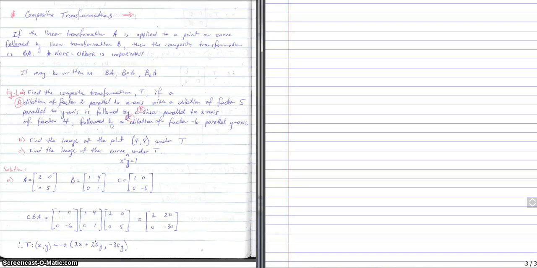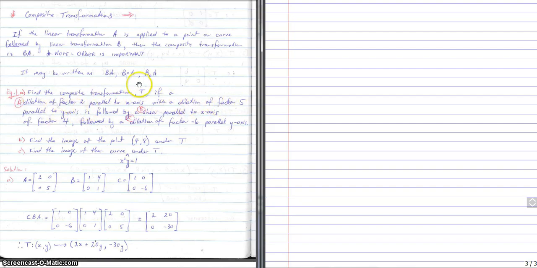Okay, so we're now going to look at some examples using our shear and dilation and combinations of those, and rotations and reflections as well. Okay, so this first example, which you've got in the notes, we've got the composite transformation T, which is the result of, first of all, a dilation of factor 2 parallel to the x-axis with a dilation of factor 5 parallel to the y-axis.